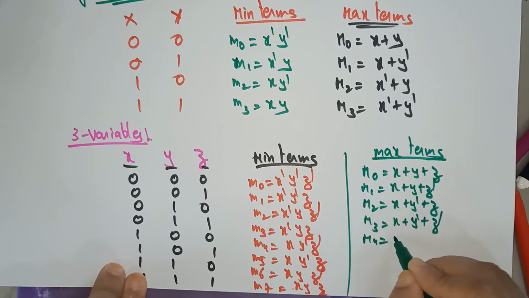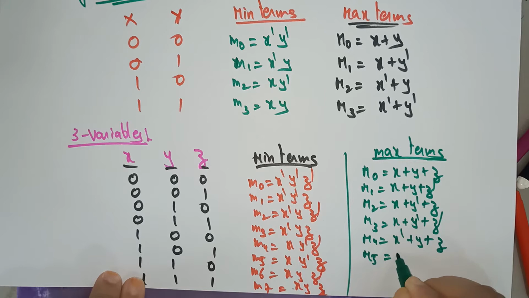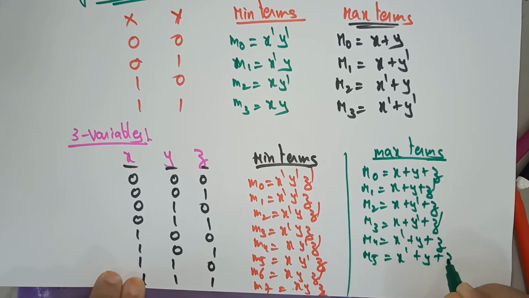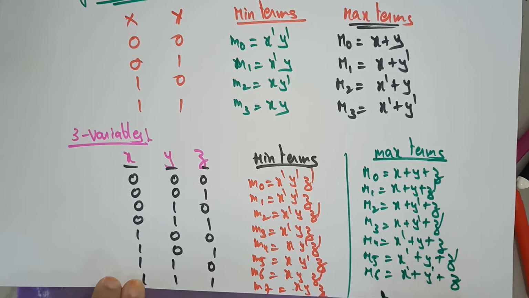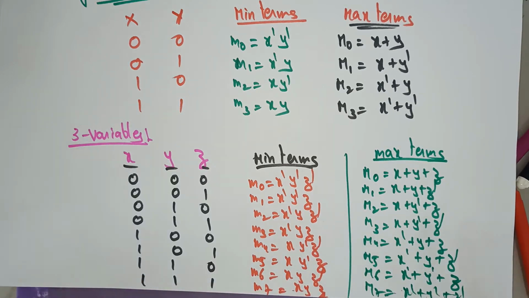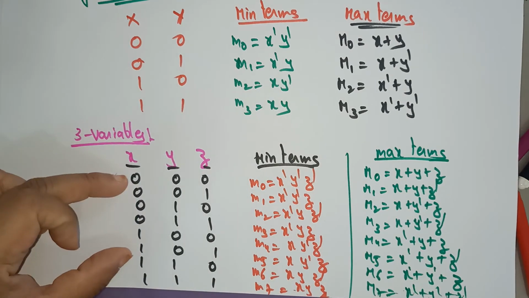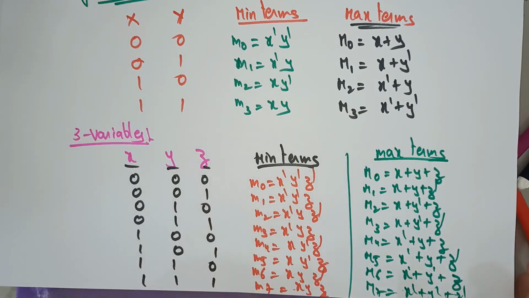M4 is x dash plus y plus z. M5 is x dash plus y plus z dash. M6 is x dash plus y dash plus z. M7 is x dash plus y dash plus z dash. So this is the way you represent whatever variables we have taken, in min terms and max terms.